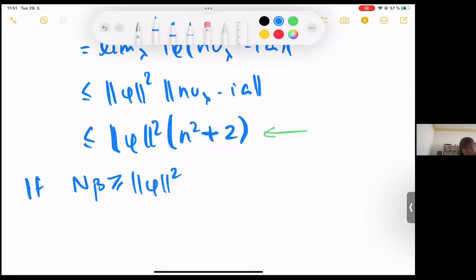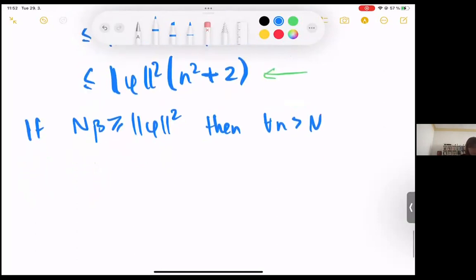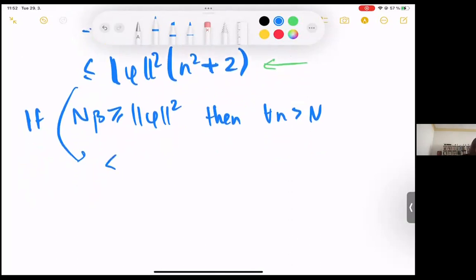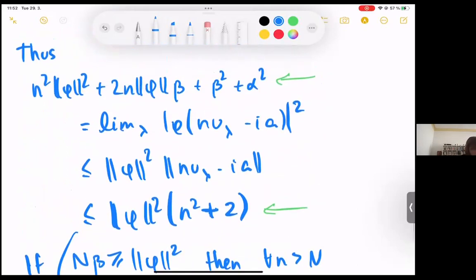So we had assumed that beta was positive, so we can certainly find an n that satisfies this. And this means for all n greater than that, we get that this here is less than n squared phi squared plus 2n. And beta, which is certainly less than this number here.